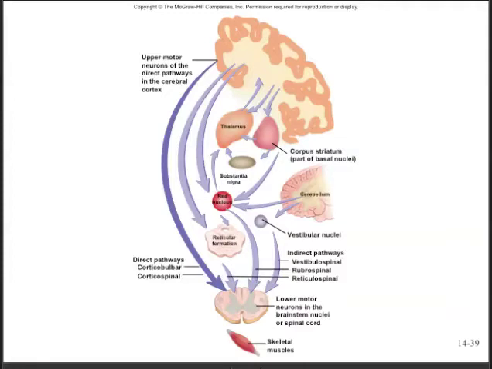And then what happens next is that the motor association area will send the finalized plan to the primary motor cortex, which then, via these direct pathways, will send the upper motor neurons down through the brainstem and through the ventral spinal cord until they hit the secondary motor neurons, which are going to be the leads into the peripheral nerves that are actually going to talk to the skeletal muscle.